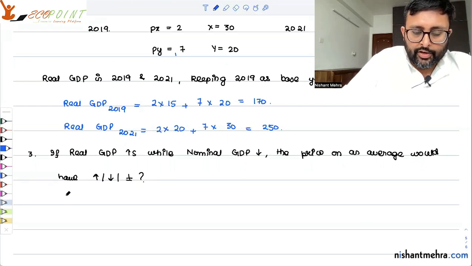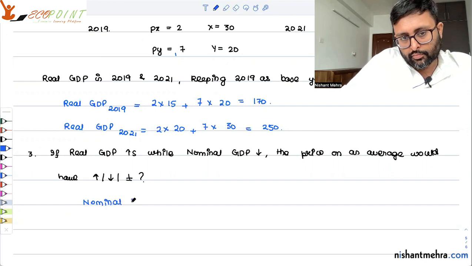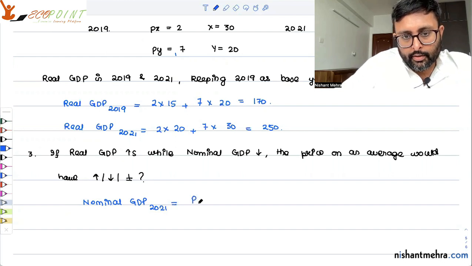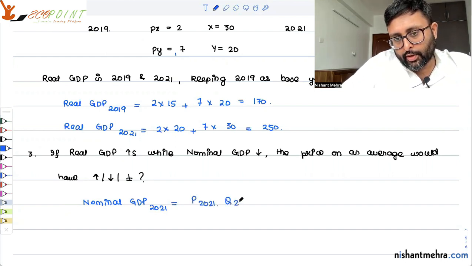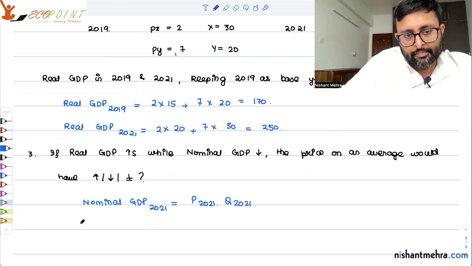Beta, when you write nominal GDP in 2021, you write price of 2021 into quantity of 2021.